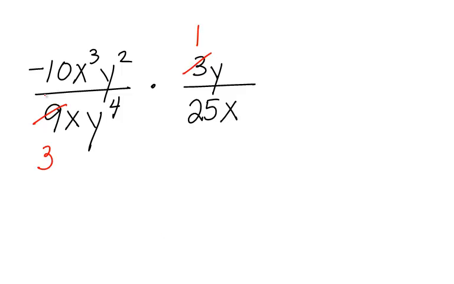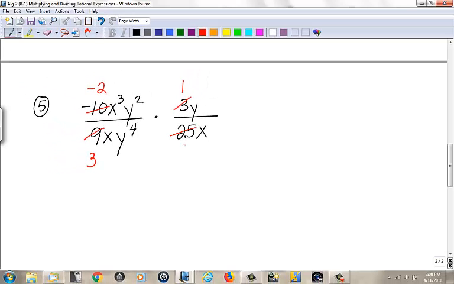Okay, then I could reduce the 10 and the 25. I could say 5 goes in here, and I could go 5 in here. The x, I have an x squared on the bottom, x times x. I could do those individually or together. I have an x squared and an x to the third on top, so those would go out, and there's an x left.